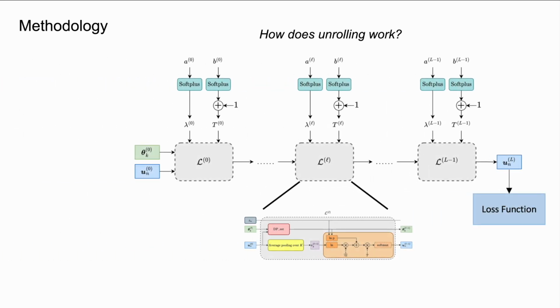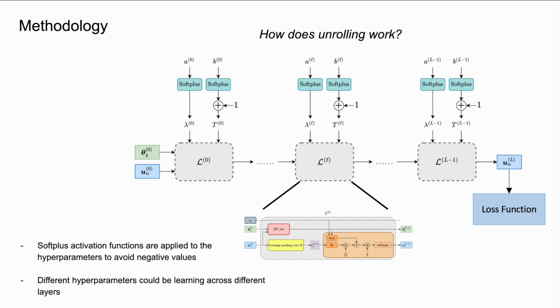So now, what's the unrolling paradigm? Well, the core idea of unrolling is to convert a fixed number of iterations of the EM algorithm into the layers of a neural network, where each layer represents one EM step. And by applying a loss function at the end on the soft assignment vectors, we can train the hyperparameters using backpropagation.